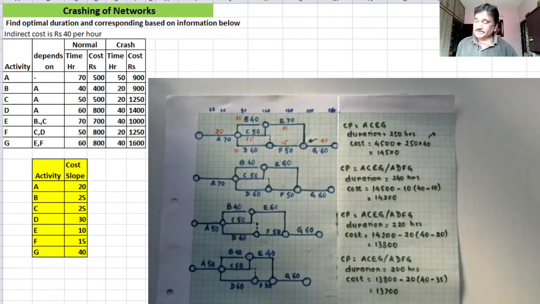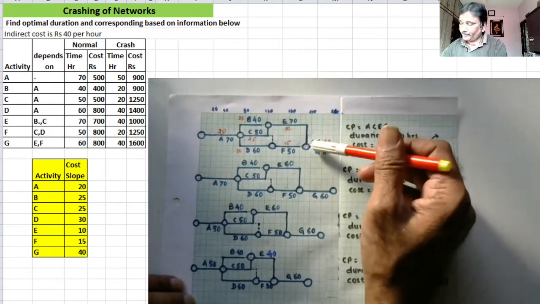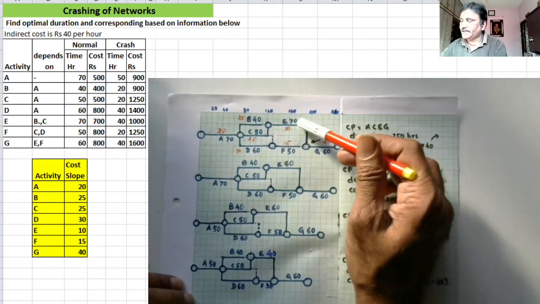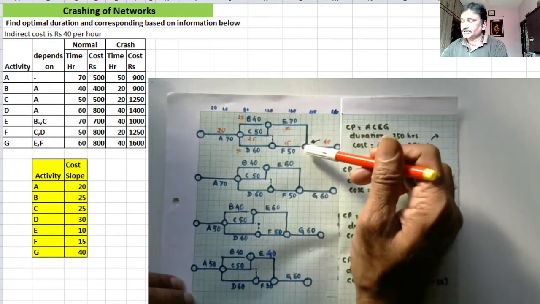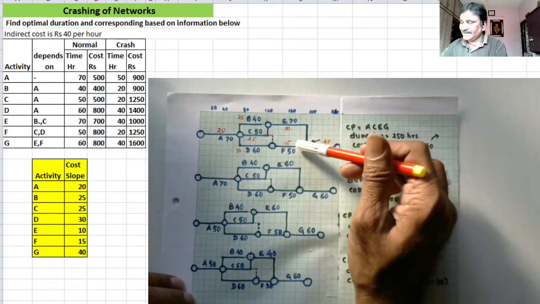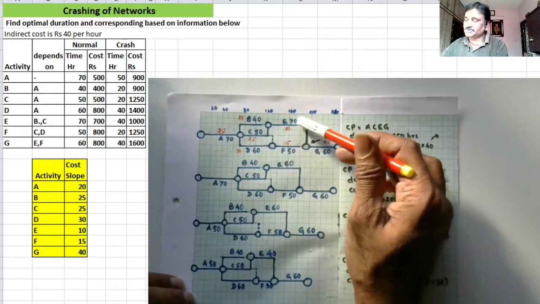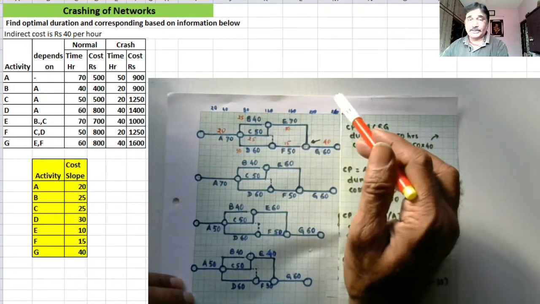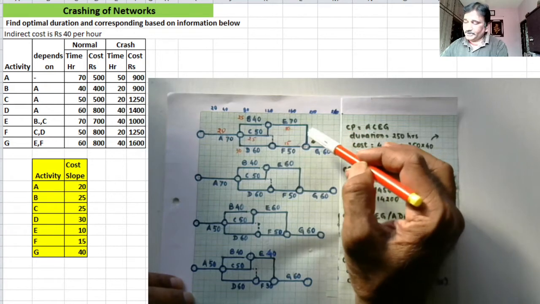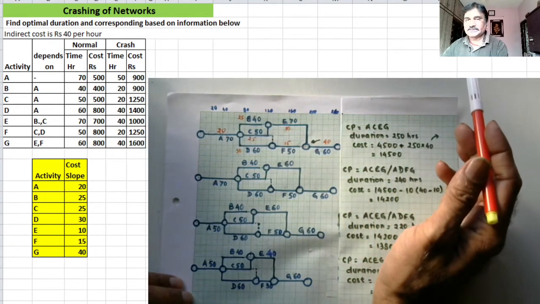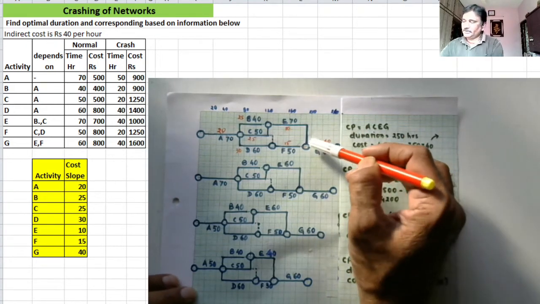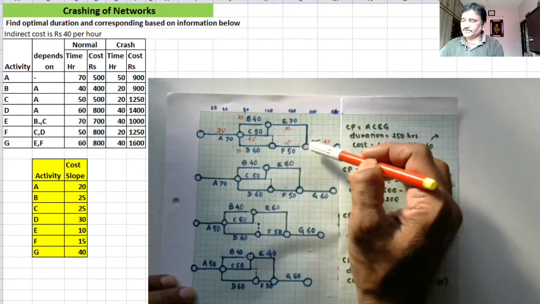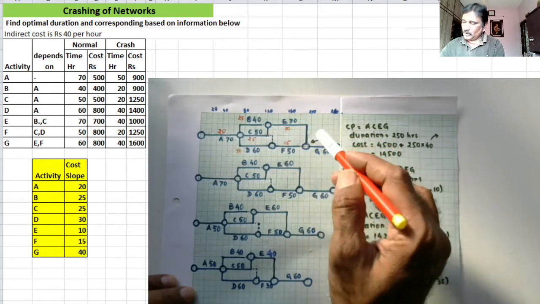So this helps you in deciding the extent by what duration the activity you are crashing is to be crashed. I'll be crashing this activity just by 10 hours, because after 10 hours there is going to be some change. The resistance is going to increase, so at that point of time I'll be taking some other decision. All right. So I'll be pushing this 10 hours inside, 10 hours towards the left.